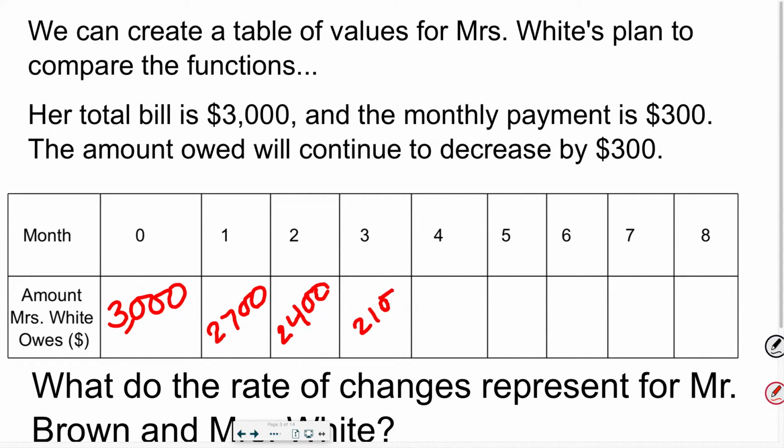What about the 4th month? 6 months? There's nothing better than seeing her debts get smaller and smaller. I'm getting excited for Mrs. White as we go through the table.